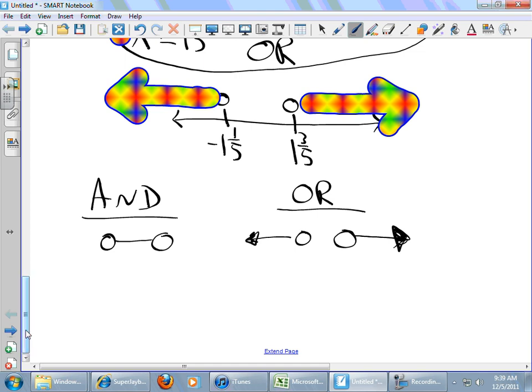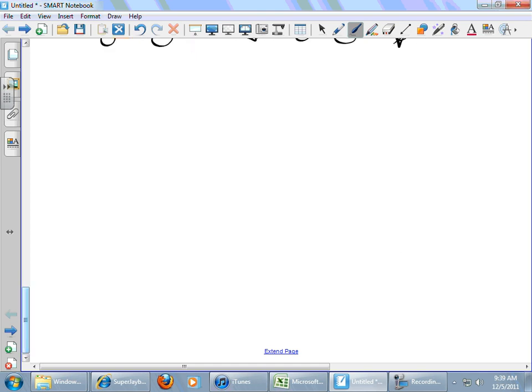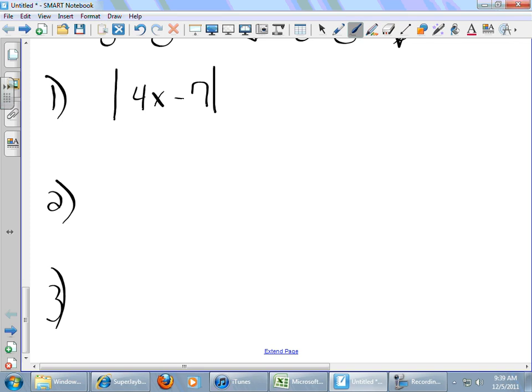So I'll tell you what, you don't even have to do the whole problem, but let's see on these 3 examples if you can break them up properly. Let's do the absolute value of 4x minus 7 equals 10.